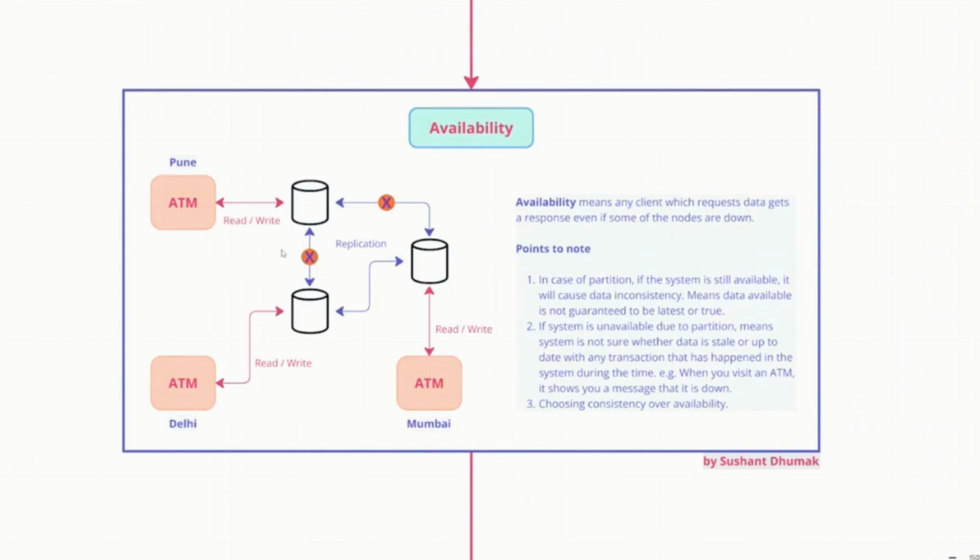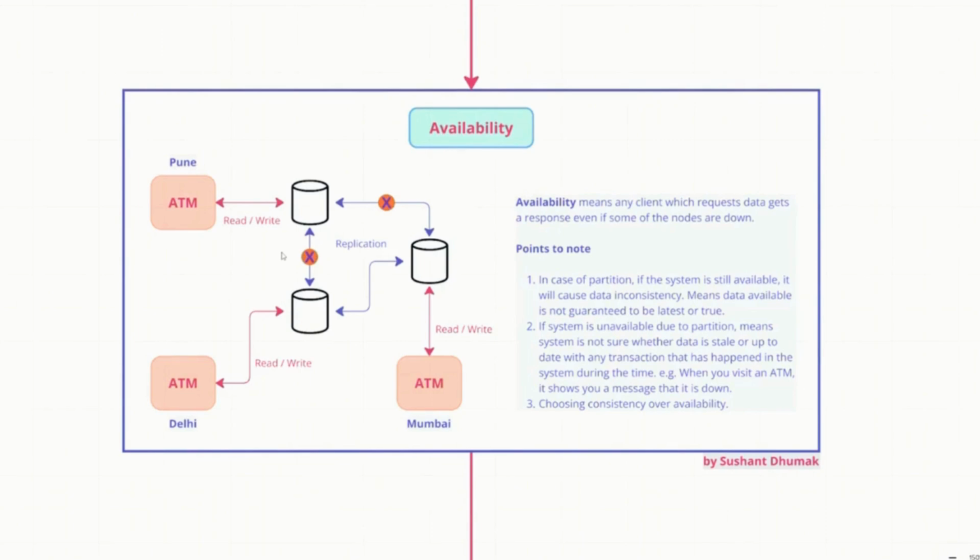So again, you have to choose what your system needs. If you want consistent data, then you cannot have full availability. If you want availability, you cannot have consistent data. You may have to give the older information if your system is always available. So that is a kind of trade-off that you have to take. And again, as I mentioned, it depends on the system and the use case.